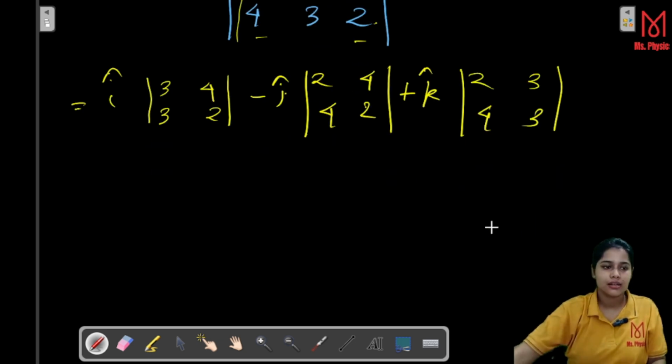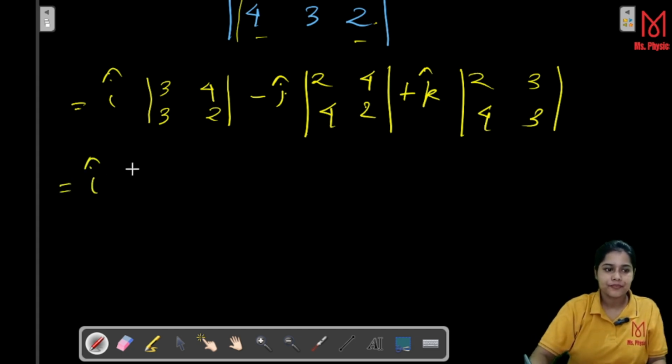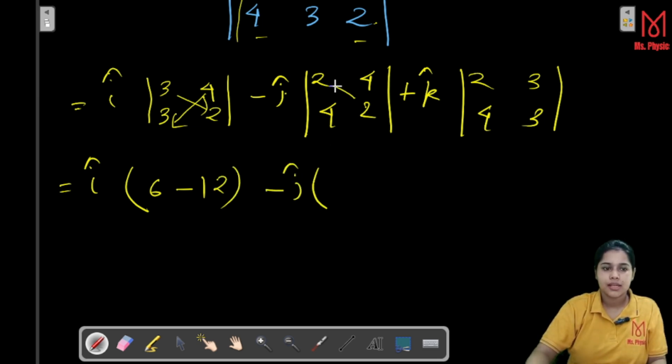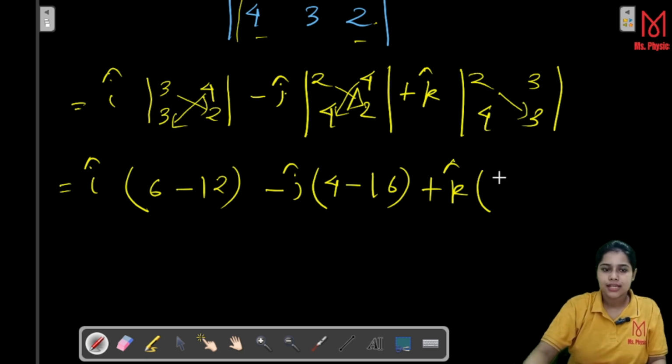Now you find the value, that is i, here 6 minus 12, right? Minus j cap, here you have 4, then 16 minus 16, plus k cap, here you have 6 minus 12.